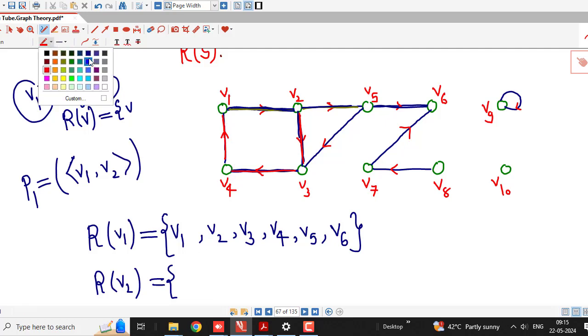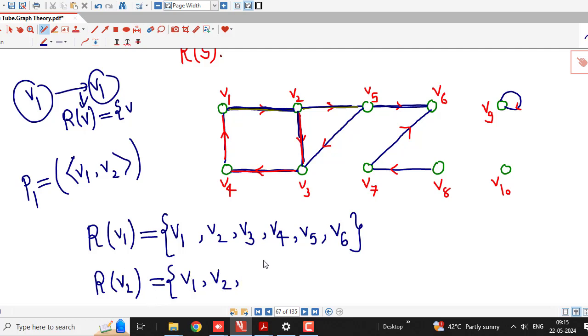That means v1 is reachable from v2, so we have to include v1 in this set. We are including v2 because every node is reachable from itself, that is our assumption. And for v3 we have this path from v2, so we include v3 also. v4 is also reachable along this path from v2.